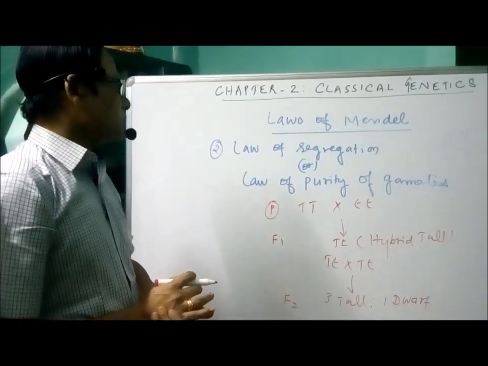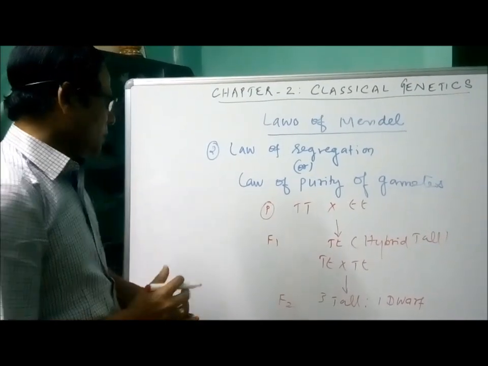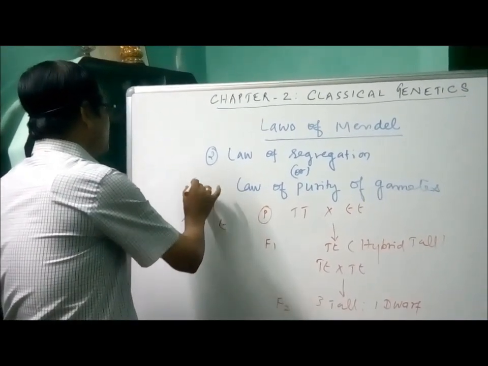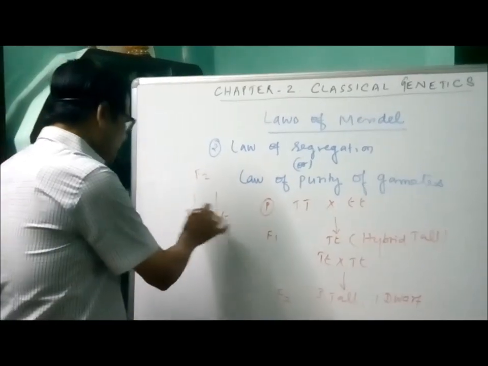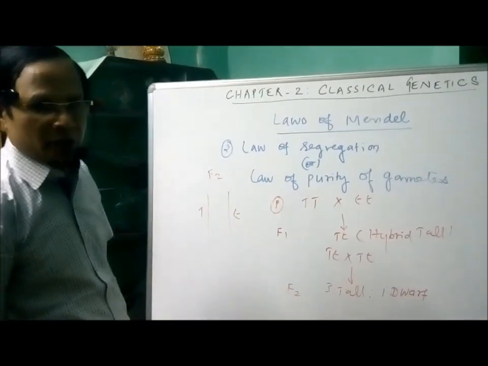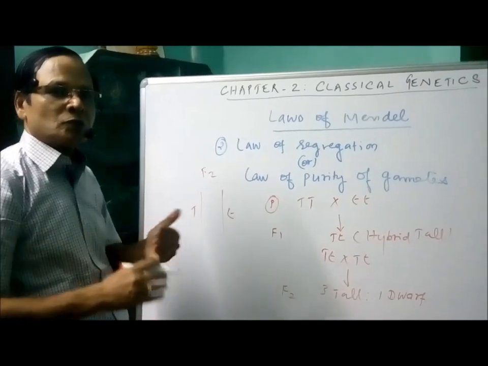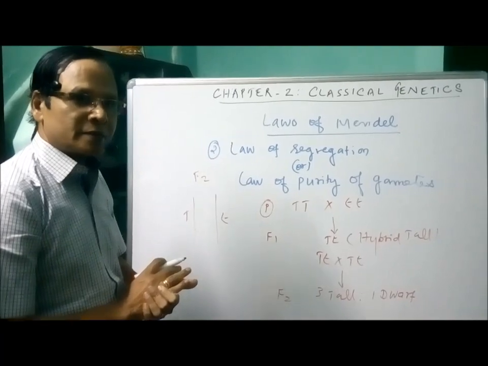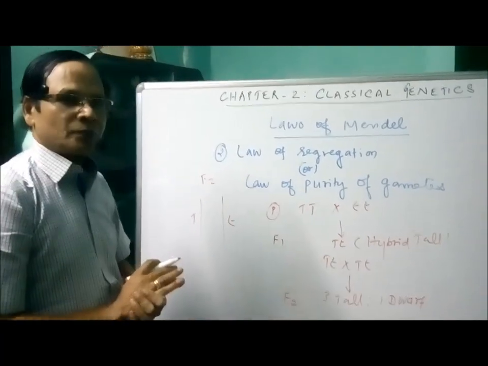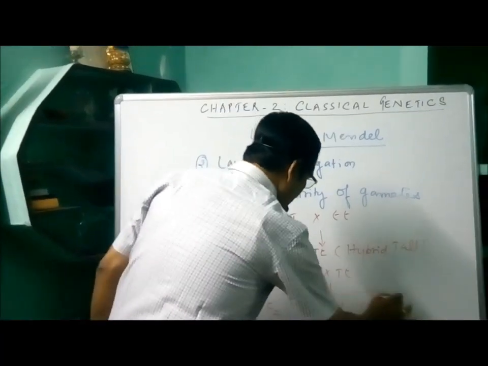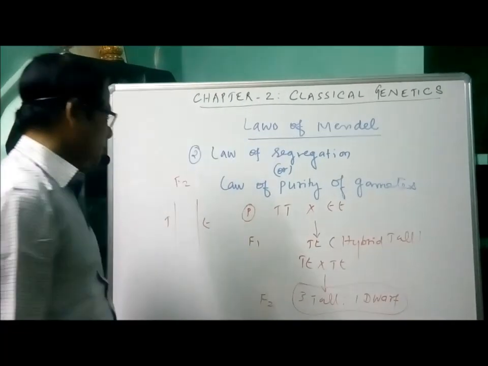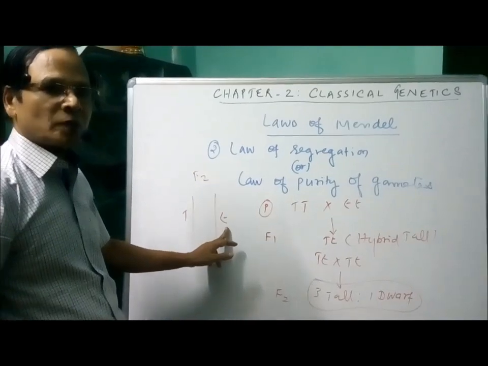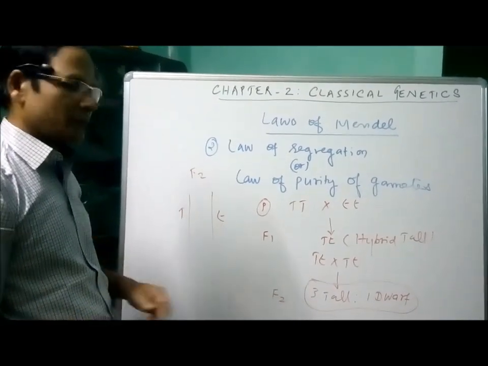Now, what is the law of segregation? If we take capital T and small t in the F1 individual, there is no blending of these two alleles or genes. Blending means mixing. Both the characters are seen as such in the F2 generation. That showed that the two genes remain together without mixing or blending.